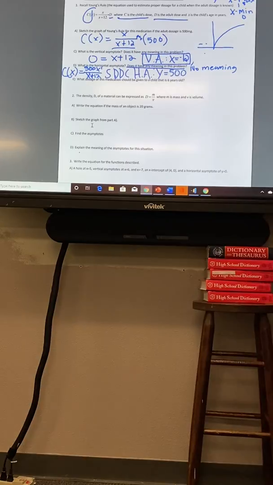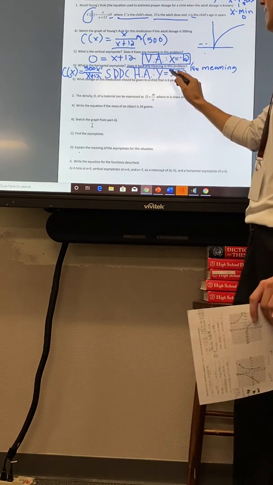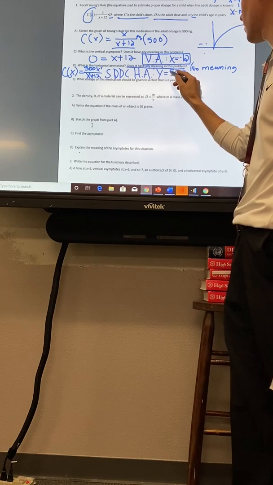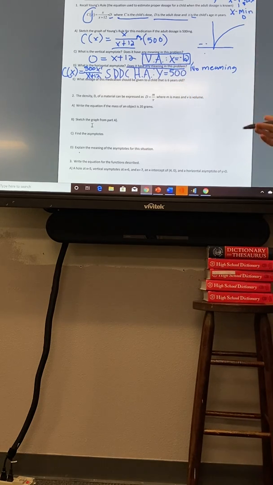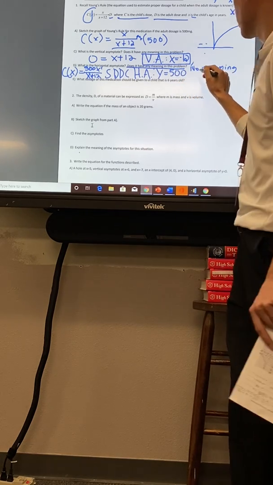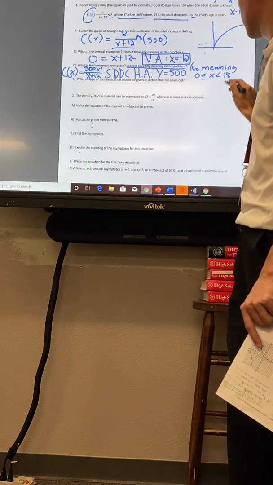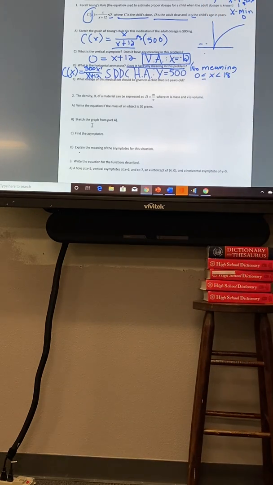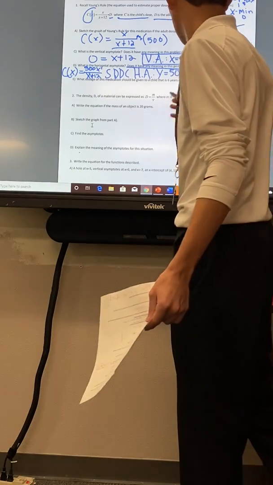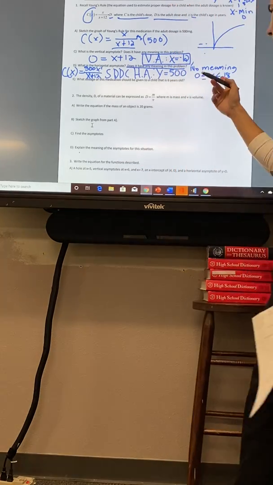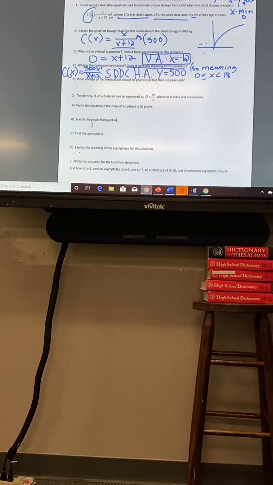Because what we're trying to solve for is the dose for child's age in years, and by the time we get anywhere close to the y equals 500 mark, we're way past the child's age, which we know is between 0 and 18, right? Because you would be considered a child from the time you were born, and then you become not considered a child anymore at the age of 18.